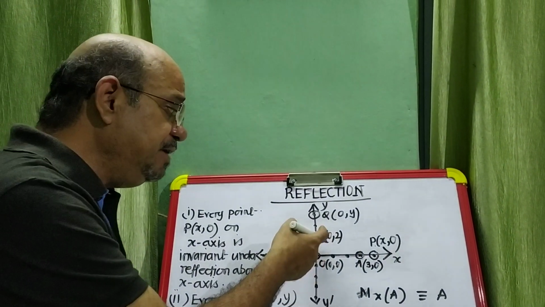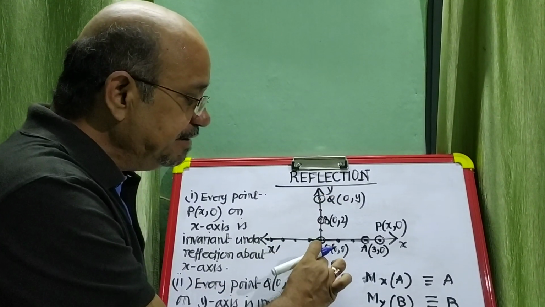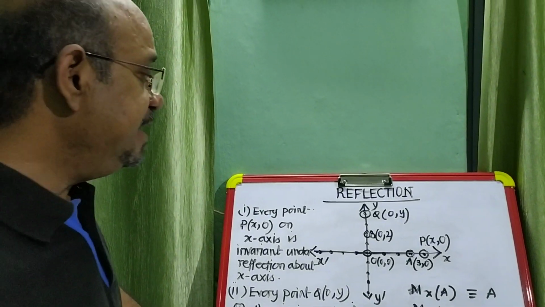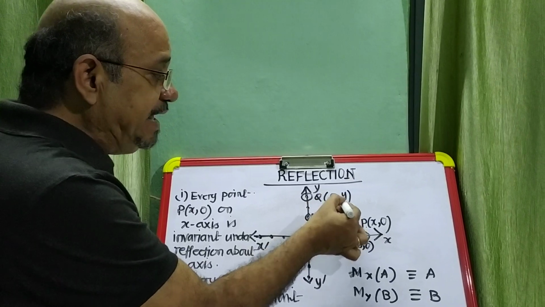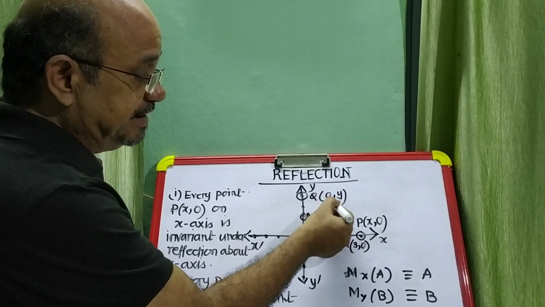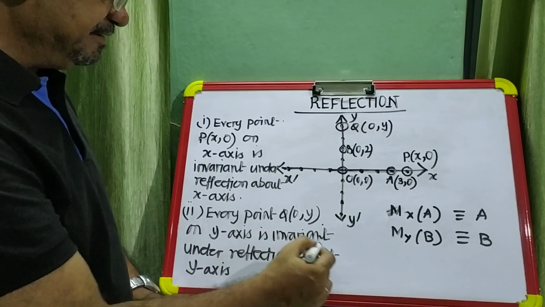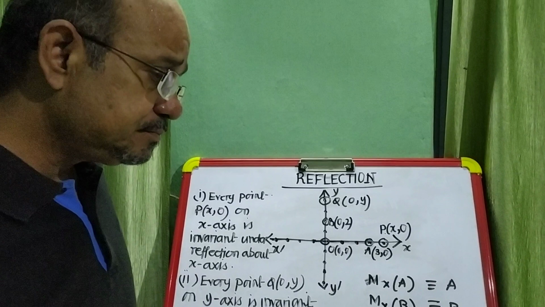But the same point B when reflected about the x-axis will come on to (0, -2) over here. I am not marking those. So in general, again, we can say that every point on the y-axis, which is represented as (0, y), every point Q(0, y) on the y-axis is invariant under reflection about the y-axis.